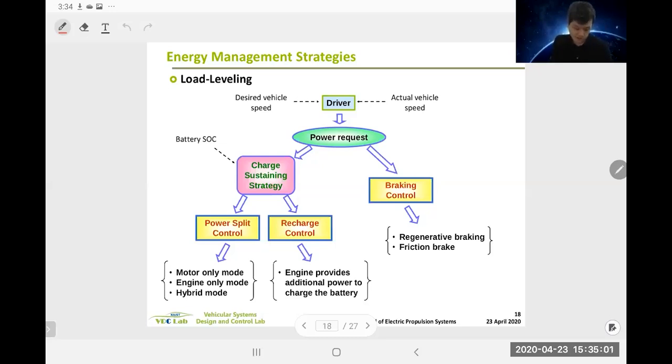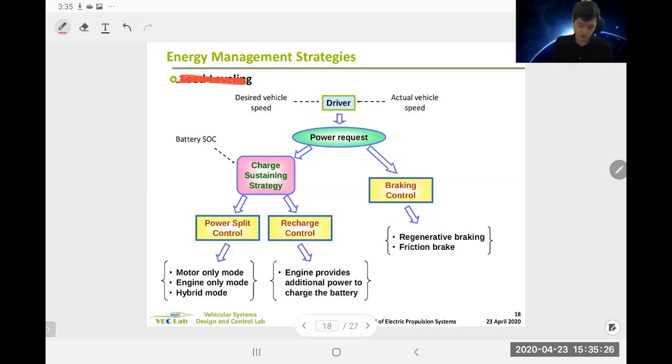Load leveling. This is, I'm sorry, this should be rule-based control, I guess. Anyway, this is an example of a rule-based controller. How decisions are made.